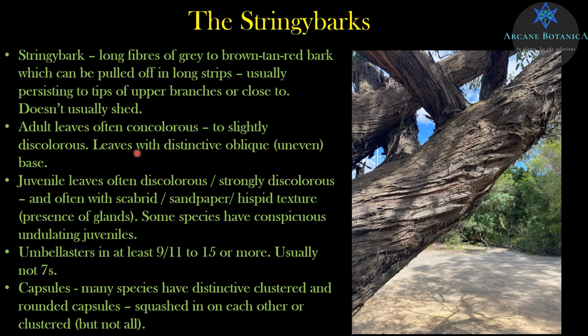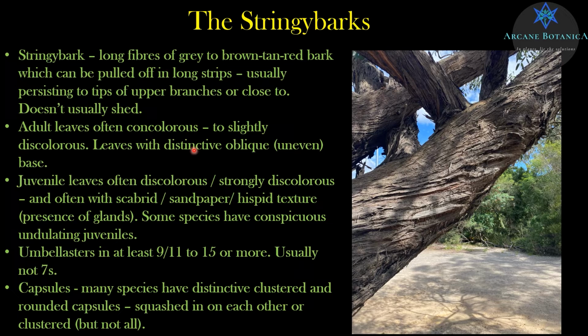The second thing to latch onto is the leaves have a distinct oblique or uneven base. And I'll show you that. It's a really defining feature for stringybarks. Other eucalypts can throw leaves with this uneven base, but remember, you look for the representative condition, the representative overall picture. You don't just look at one eucalypt leaf off a tree.